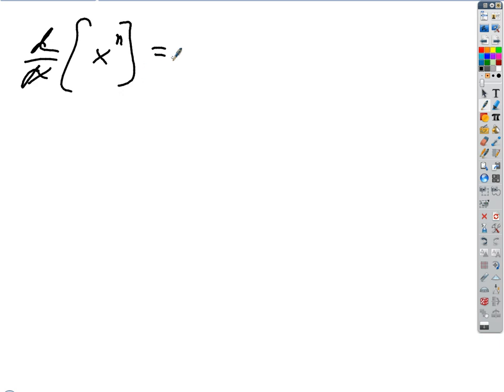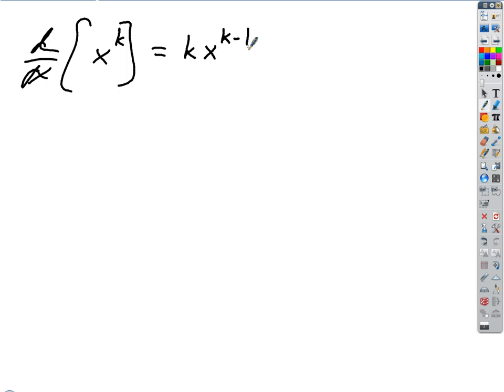What is that? n x to the n minus one. Okay, good. For reasons that will be a little mysterious to you right now, at the end I'll ask you why I did this and you'll tell me. I'm going to make that a k instead of an n. So what would it be in terms of a k? It'd be k x to the k minus 1. Good.